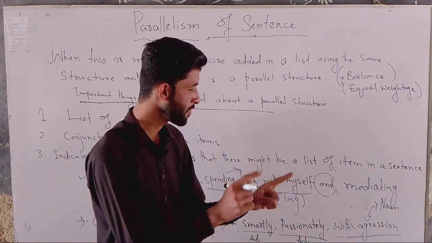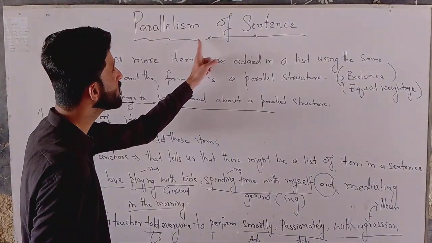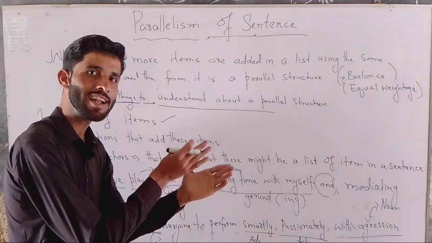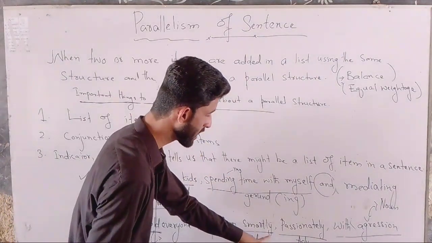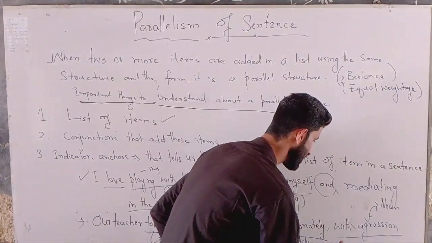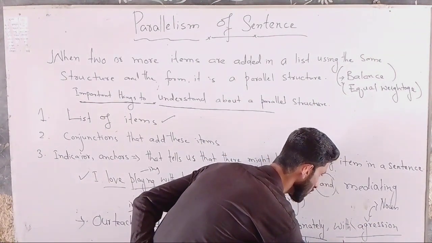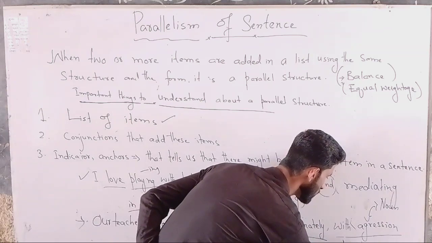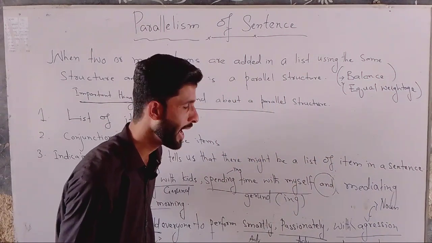That makes the difference between the items. So what is parallelism? Parallelism is a balance, a balance that we have to make. With aggression is not right, but the right one will be aggressively.